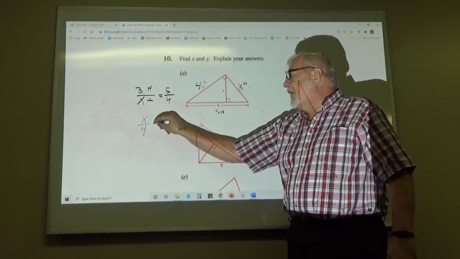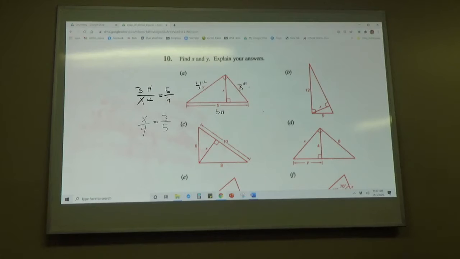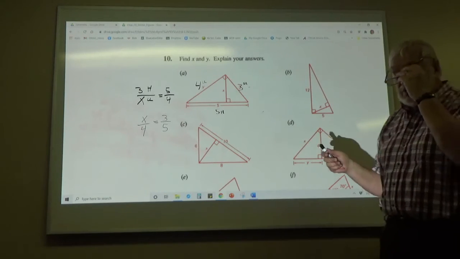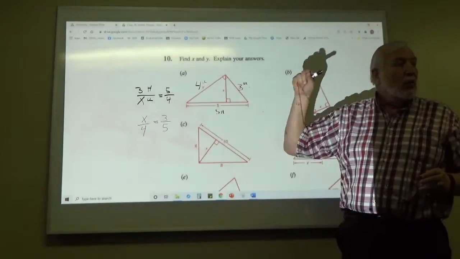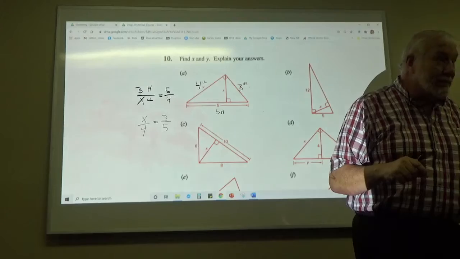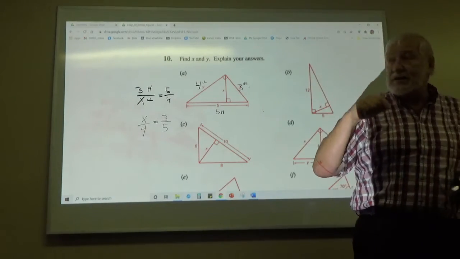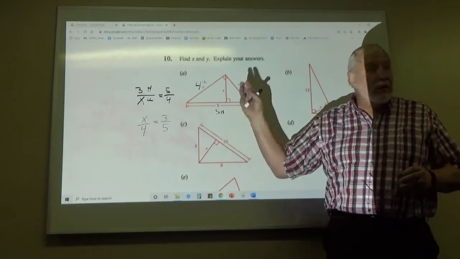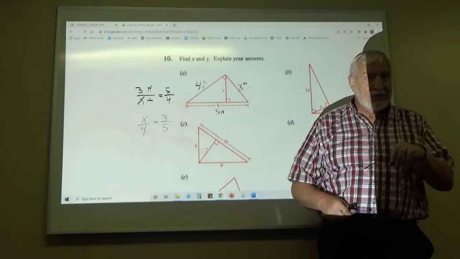When you do the cross multiplying, what's the value of x? 3 times 4, 12 over 5, right? So it didn't matter which one you use, provided that you keep straight what each part is. That's why I like to use long leg and short leg. Okay? And as long as you have the proportions set up correctly, those things will always work out quite nicely.